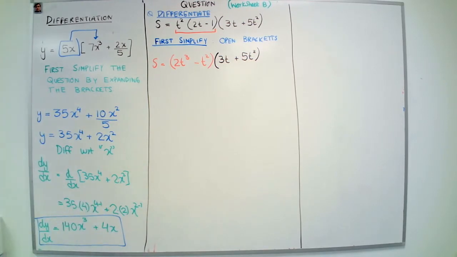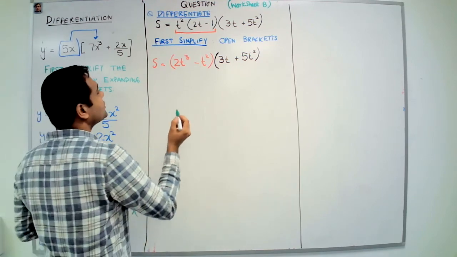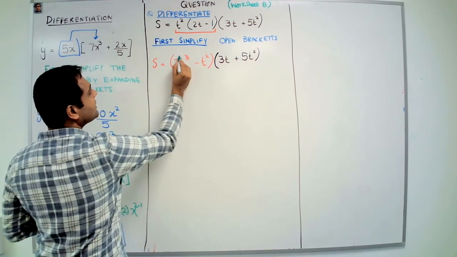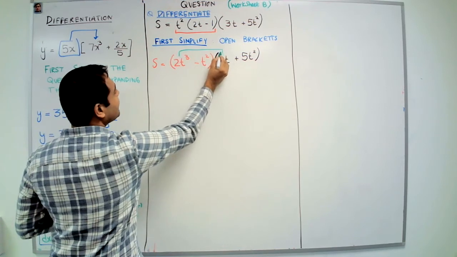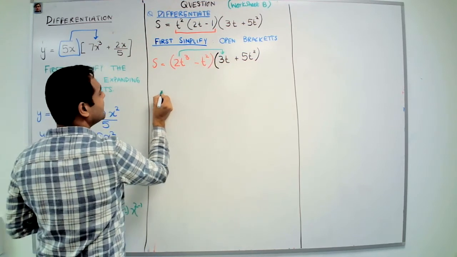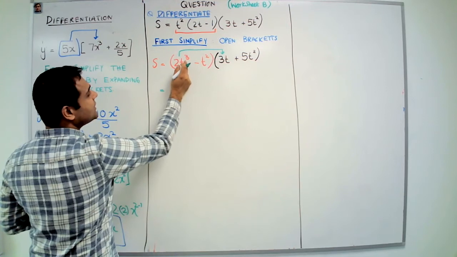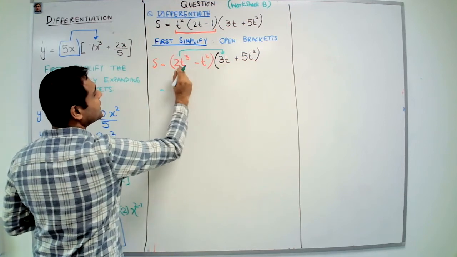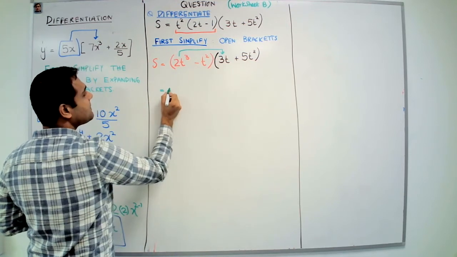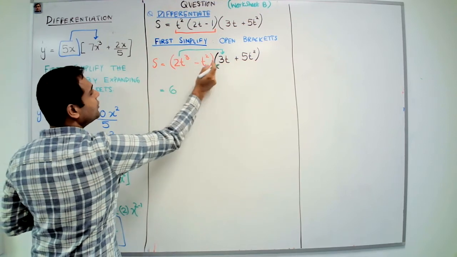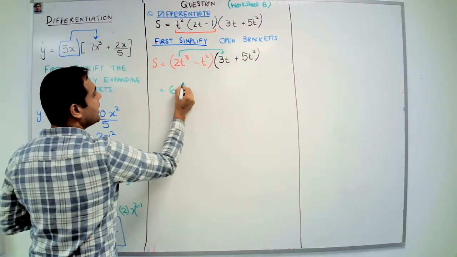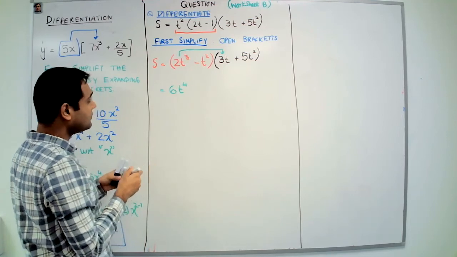I will multiply this thing with that thing and write down the answer. 2t cubed multiplied by 3t squared: 2 times 3 is 6, t cubed times t squared is t to the 5.